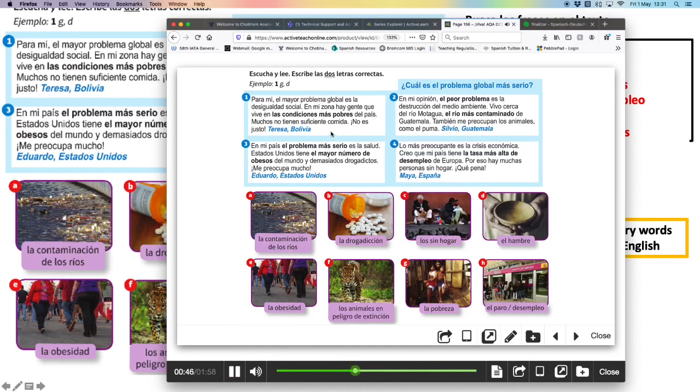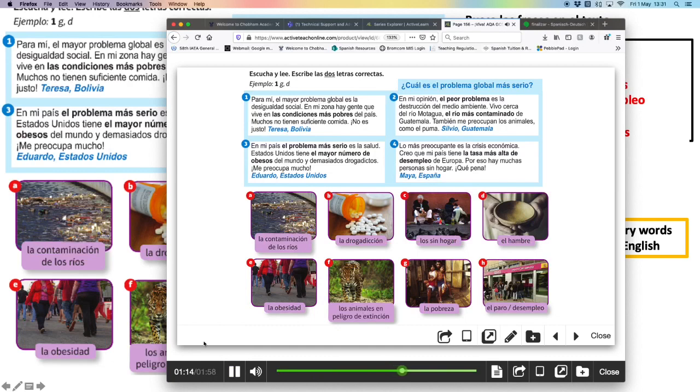2. En mi opinión, el peor problema es la destrucción del medio ambiente. Vivo cerca del río Motagua, el río más contaminado de Guatemala. También me preocupan los animales, como el puma. 3.